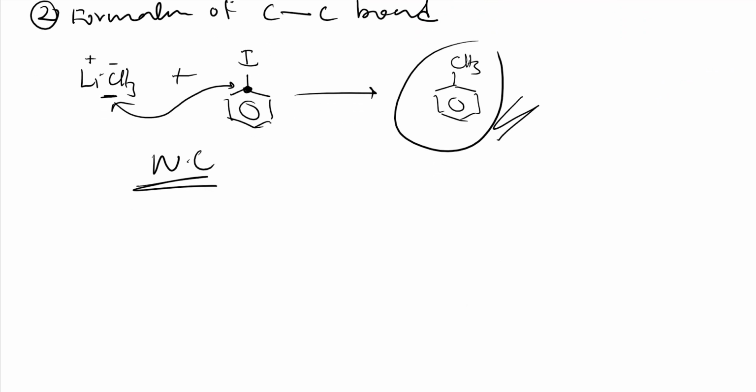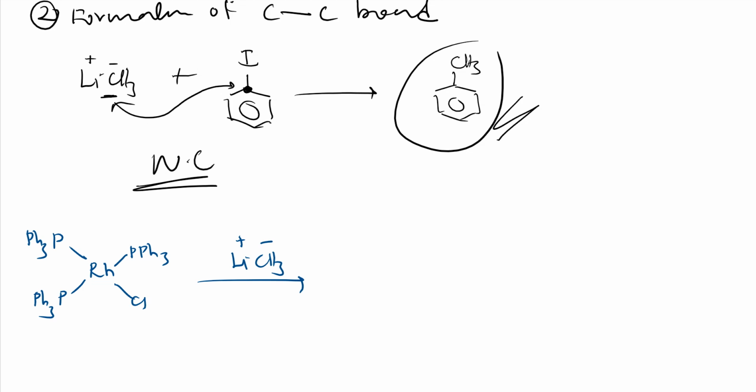See here. First, I will take this Wilkinson catalyst. So PPh3, chlorine. Here PPh3 is there, and here also PPh3. Right. To this I will add LiCH3. Right. So this is nothing but ligand exchange.